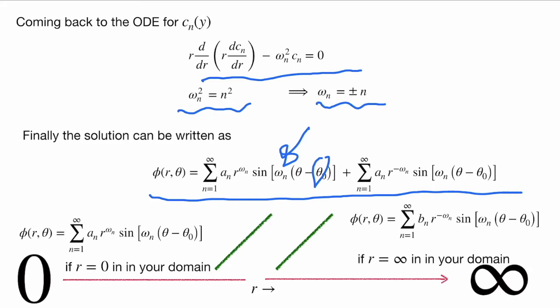One of the problems here is that some of the terms might blow up. For example, r to the plus n blows up at infinity, because r to the power n would blow up as r goes to infinity. In the same way, r to the power minus n, 1 by r to the power n, goes to infinity when r goes to 0.